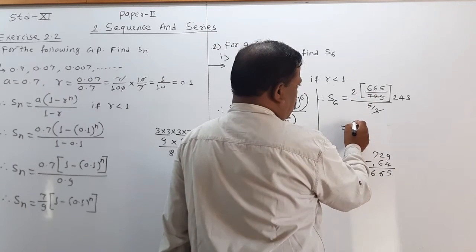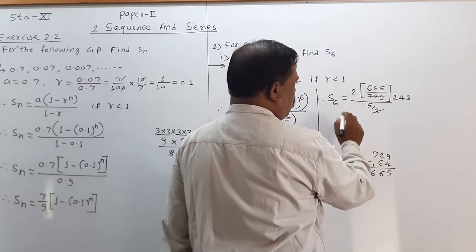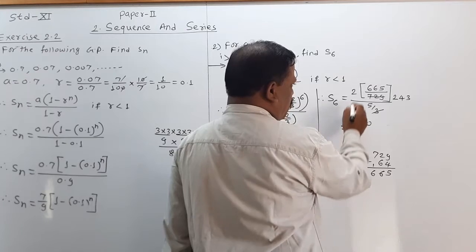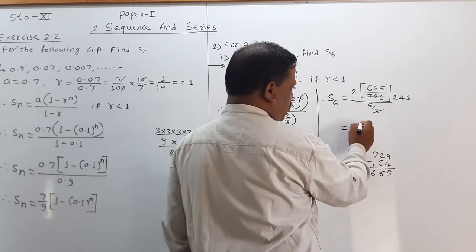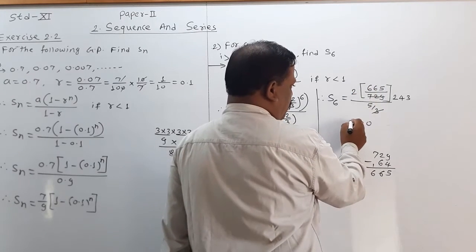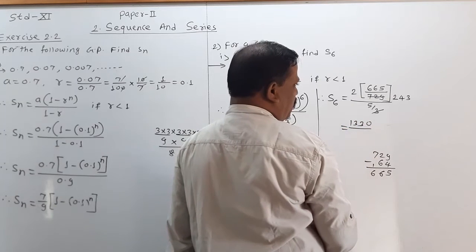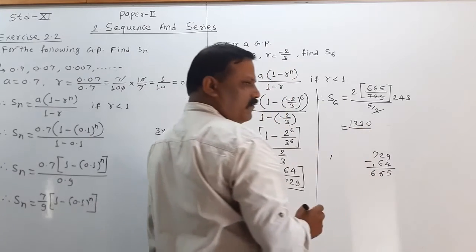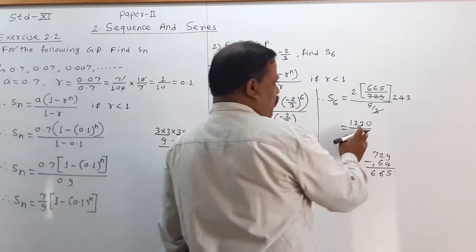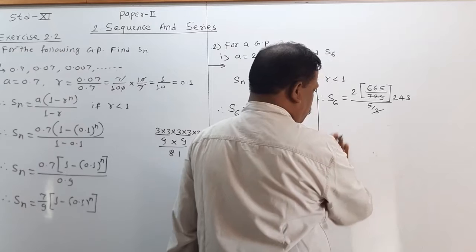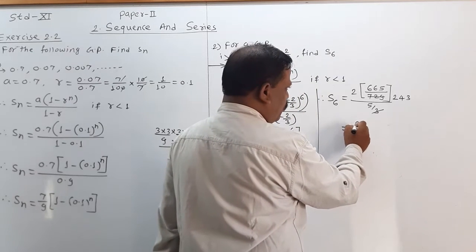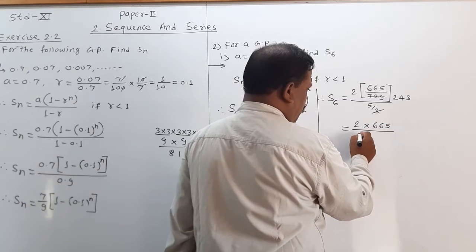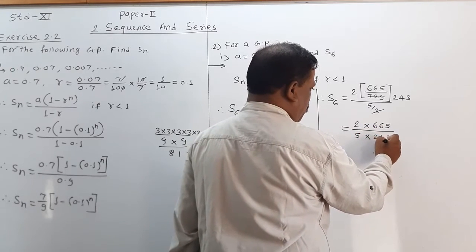Multiplication, 665 multiplied by 2 gives 1330. It may also be written like this: 2 multiplied by 665 upon 5 multiplied by 243.